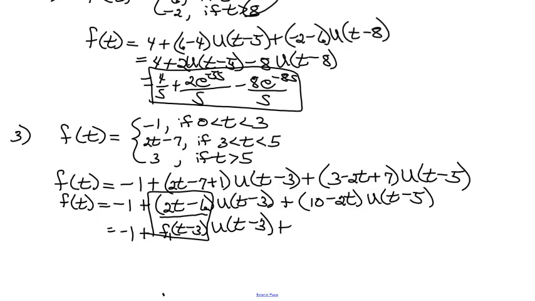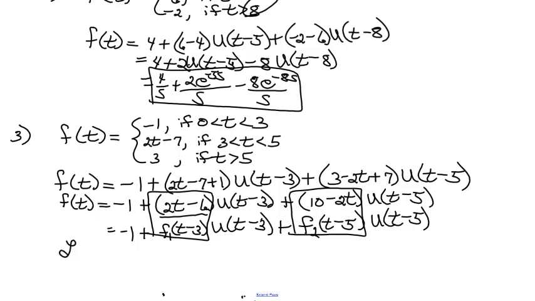And then this has to be some function, let me call it f sub 2 of t minus 5 times u of t minus 5, which means these have to be the same. Once I have that, then the Laplace of f of t rule is given for each one of these terms that's given in the chart. Okay, the Laplace of the -1 would be -1 over s.